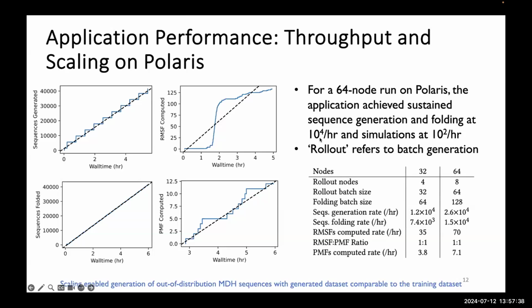So the folding rate is about the same as the generation rate, and the simulation rate is about 100 per hour. And here I have given the exact numbers of nodes that were allotted for generation, the number of nodes used for folding, the corresponding batch sizes, and roughly the ratio you get for the number of reaction profiles for every n number of RMSF or straightforward MD runs.